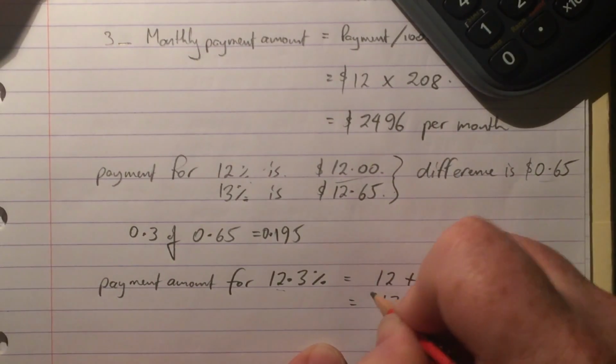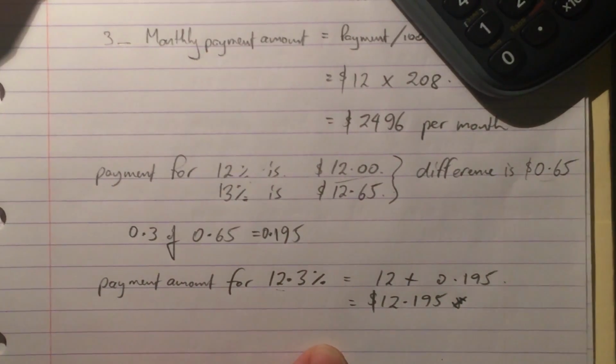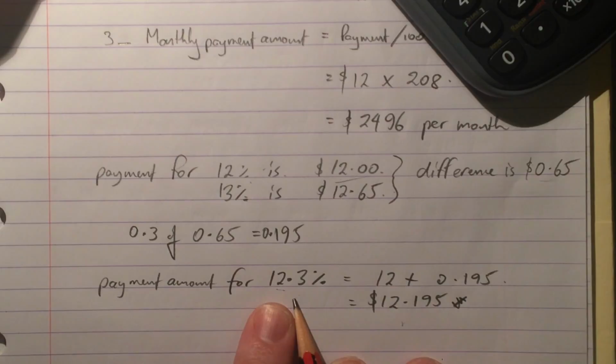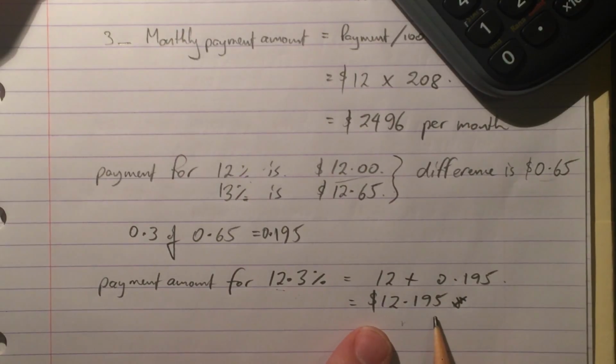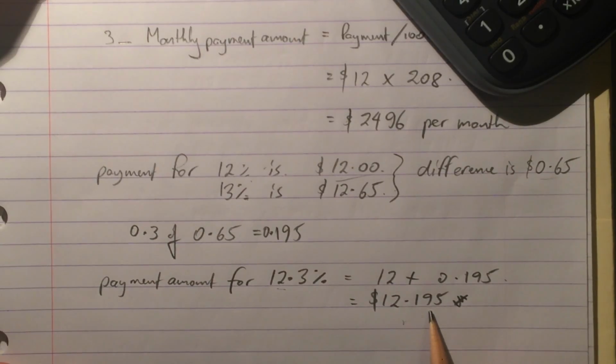So the payment amount per month for an interest rate of 12.3% is $12 and about 19 cents, 19.5 cents.